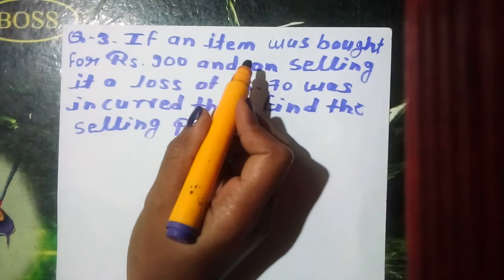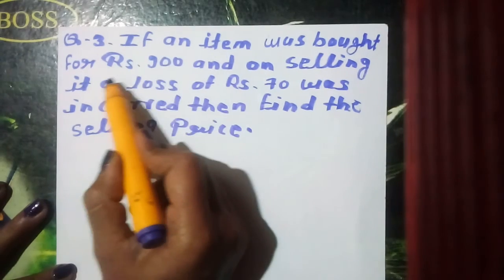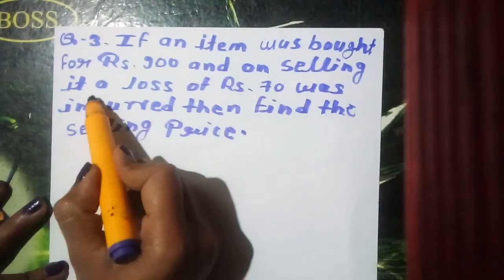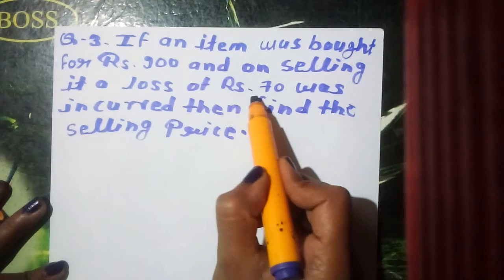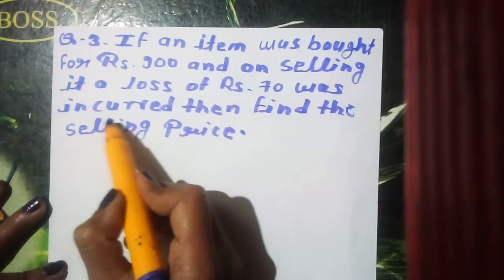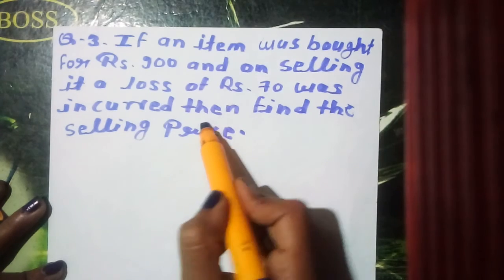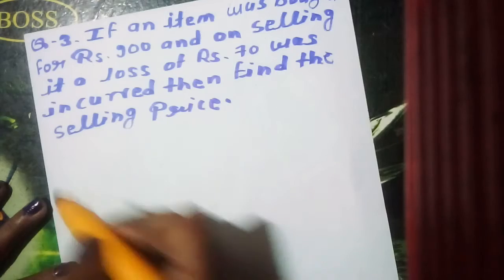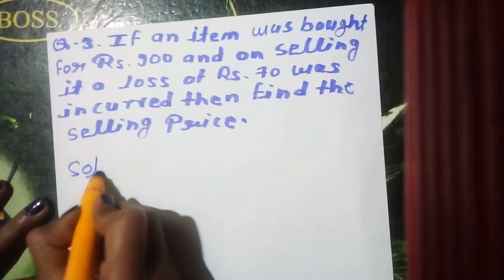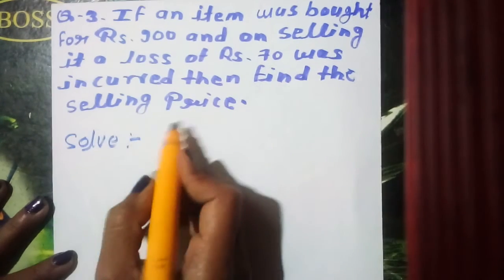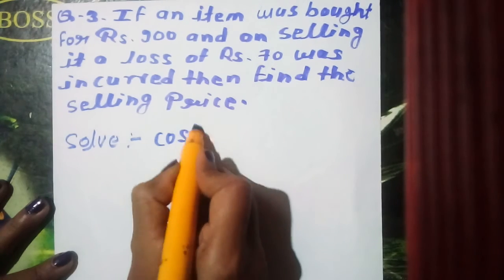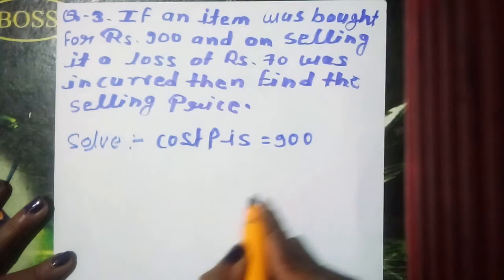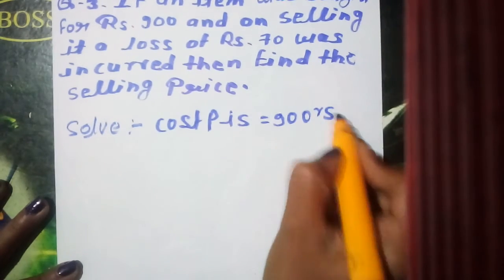If an item was bought for rupees 900 and on selling it a loss of rupees 70 was incurred, then find the selling price. Solve. The cost price is 900 rupees.